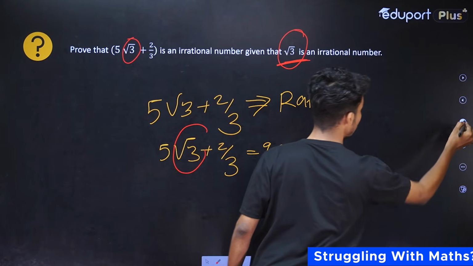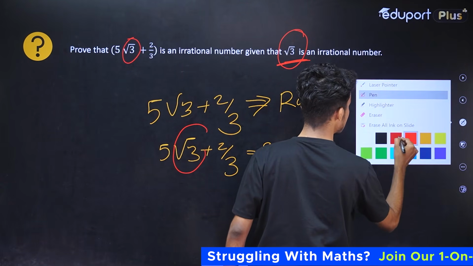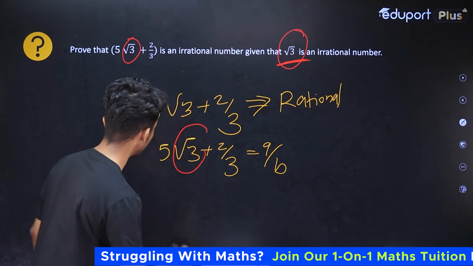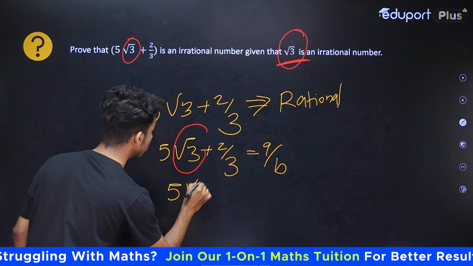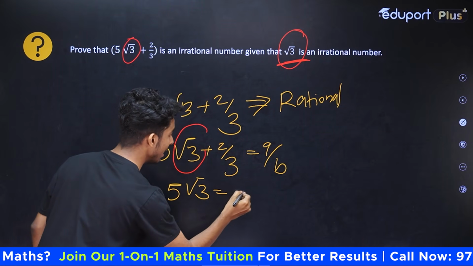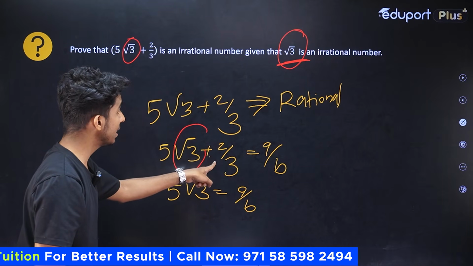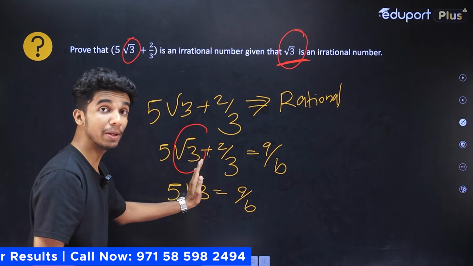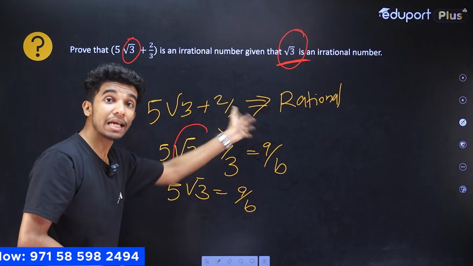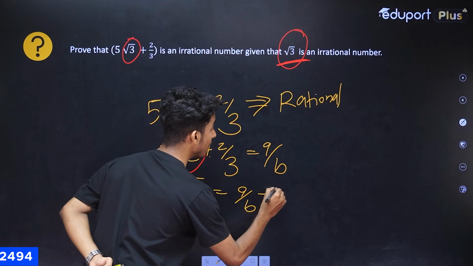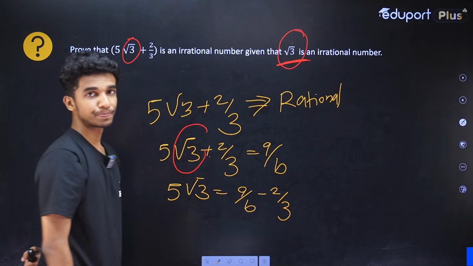I will show you. Make the 5 root 3 still there and A by B still there. The plus 2 by 3 will go to the right side of the equation and become minus 2 by 3.